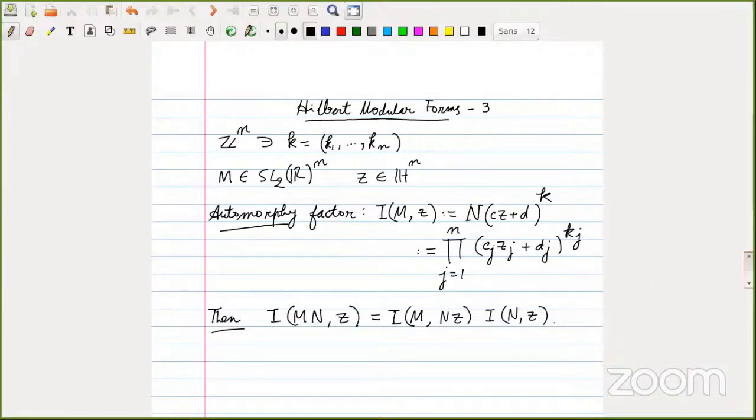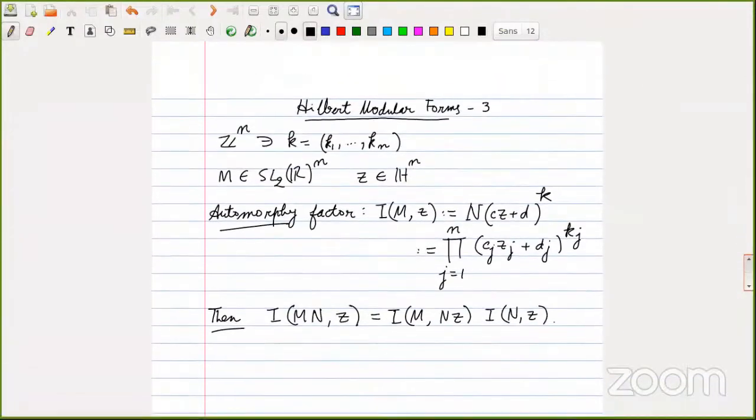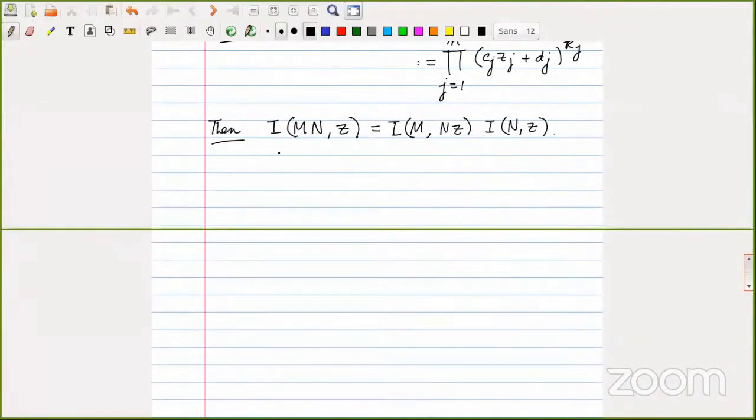Now after this, what we can do is look at functions which are invariant with respect to this automorphy factor, and these will be the automorphic forms.